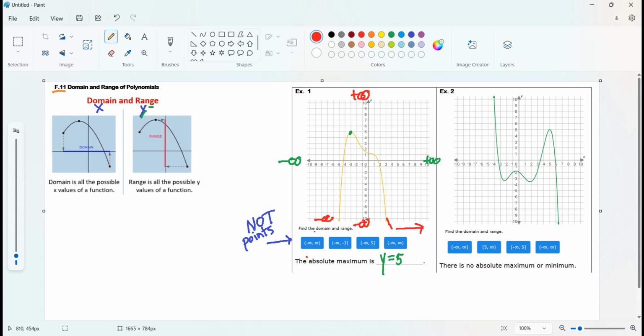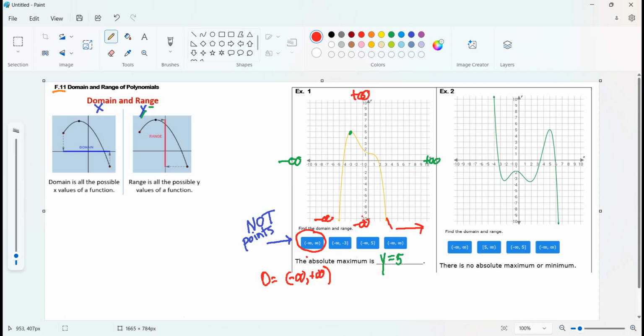So the domain is written from negative infinity to positive infinity, and you don't have to put the positive sign. The graph is going to exist way out there. So that's the domain.